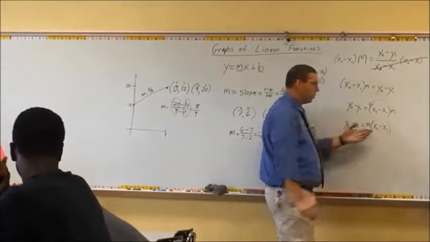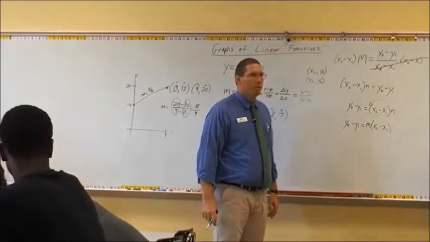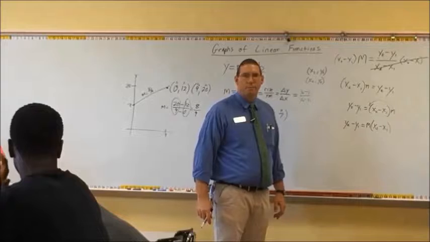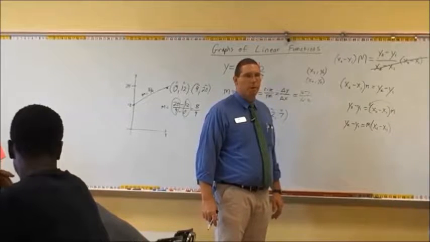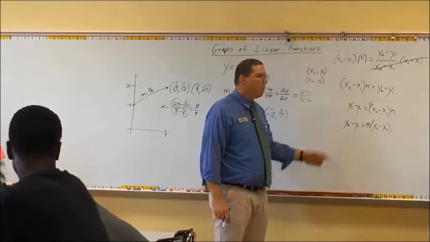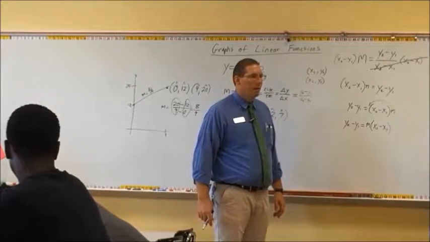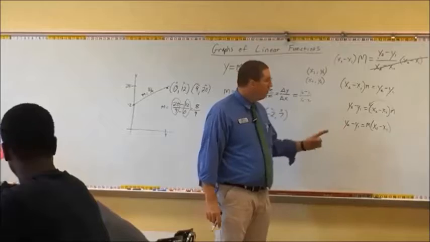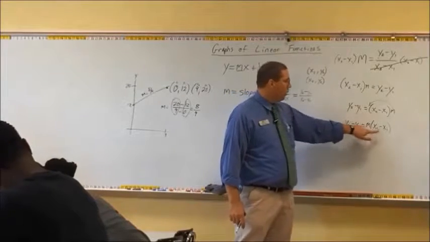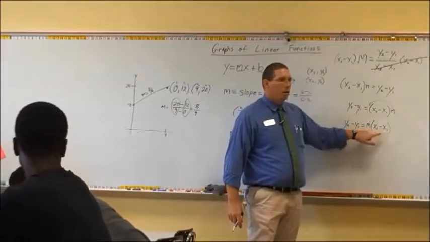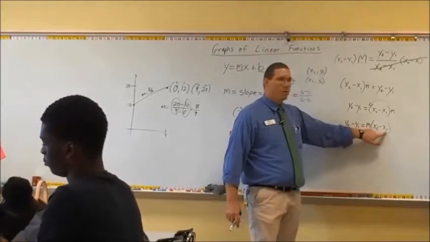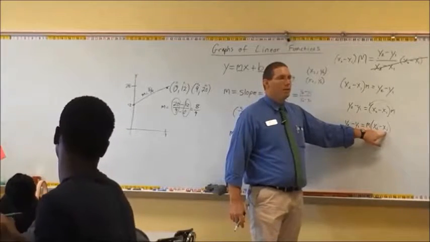Do you know what you're looking at right there? Does that look familiar? We talked about it last week. It's okay if you don't recognize it. We only talked about it one time. That's the point-slope form of a line. And if you put a number in for y1 and another number in for x1, you will have the equation of a line.